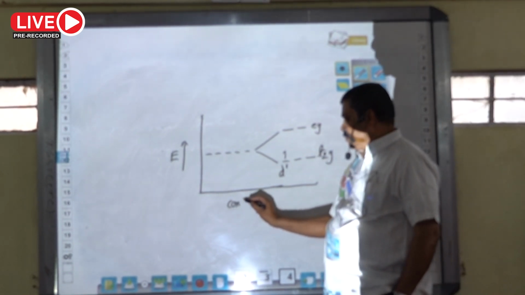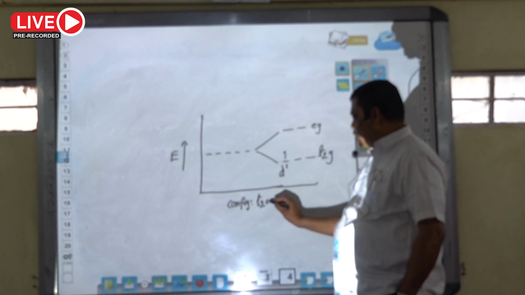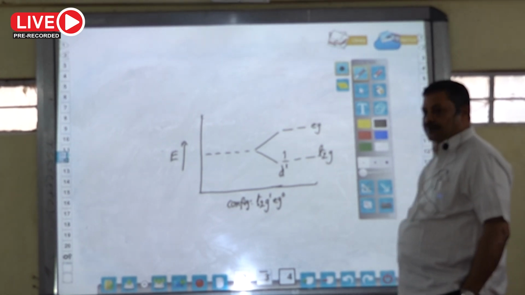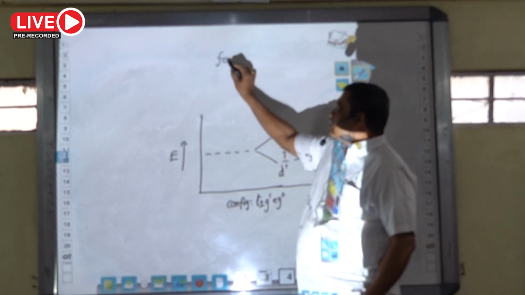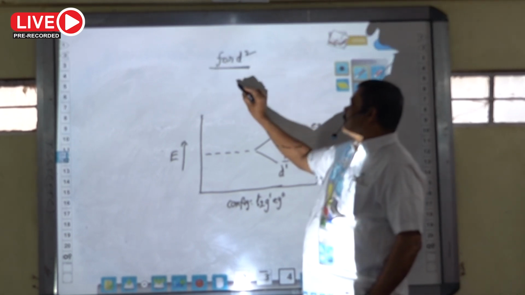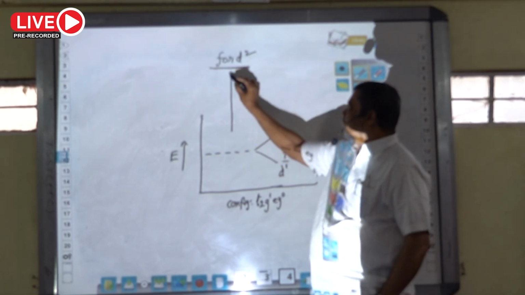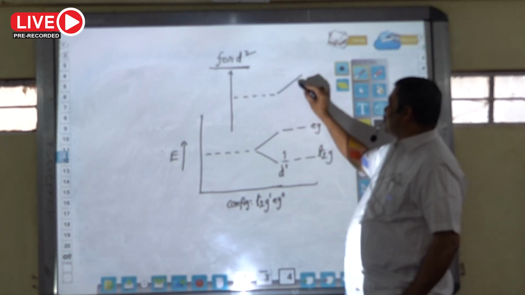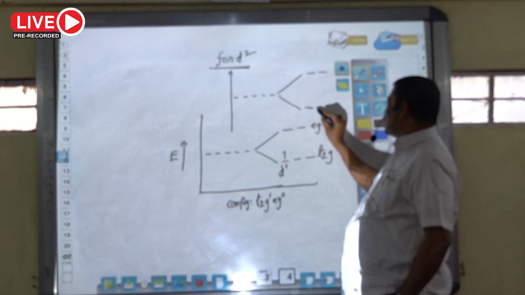So the configuration becomes t2g1 eg0. This is d1 configuration.